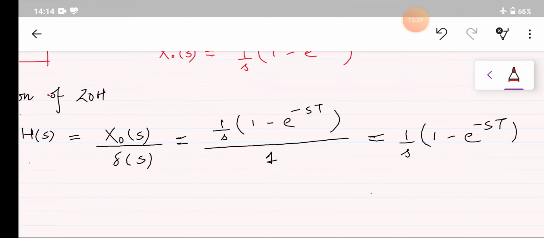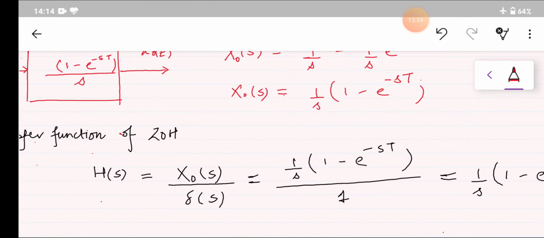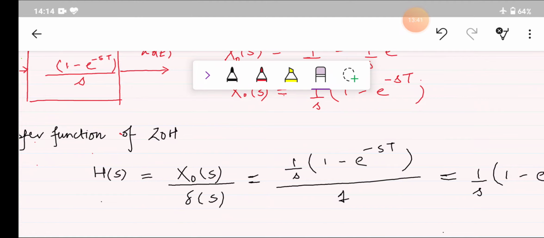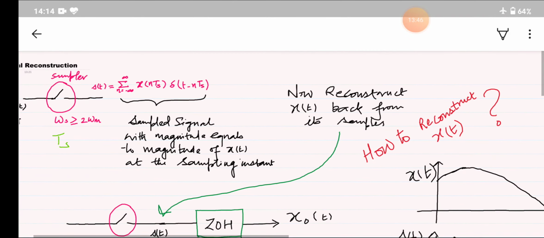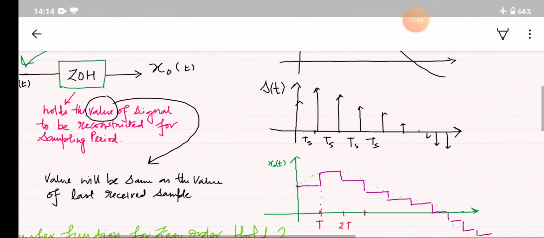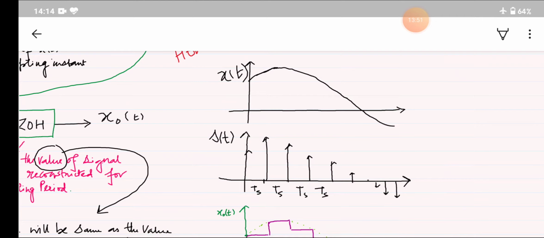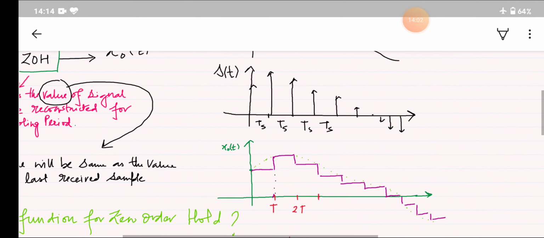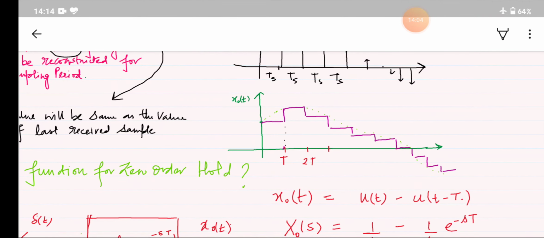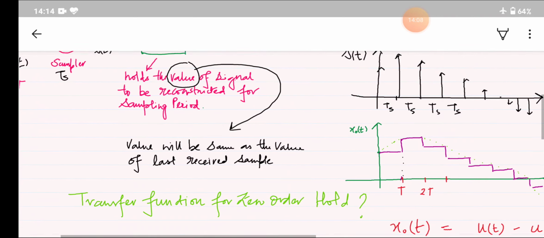So let us quickly see what we have learned today. We have learned that a signal x(t), which is converted to samples, can be reconstructed back to its original format, that is the continuous time signal x(t), but the reconstructed signal will be constructed using a zero order hold.